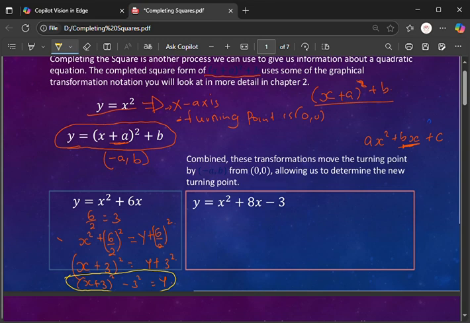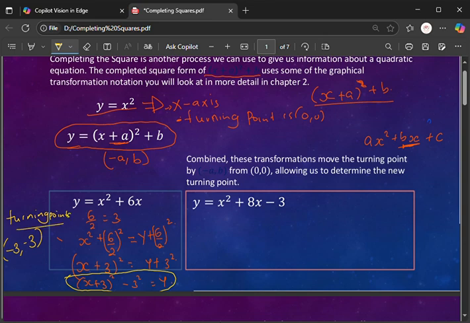So for the turning point, if this part is positive, the x coordinate of the turning point will be negative. So we write negative 3, and if this part is negative, we take it as it is. So this would be the turning point, but it all comes from completing the squares correctly.